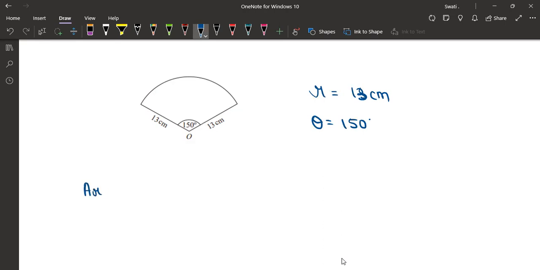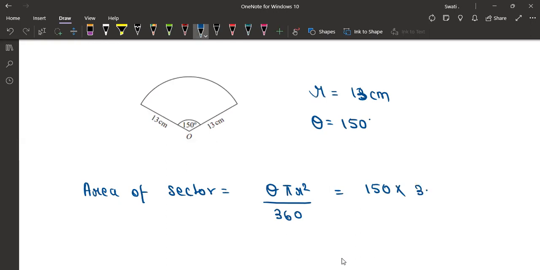So the area of a sector formula, we know already, is theta pi r square over 360. What is theta? It is 150. What is pi? Let's take the value of pi as 3.14. And then r is 13, so there is 13 into 13. And in the denominator it is 360.